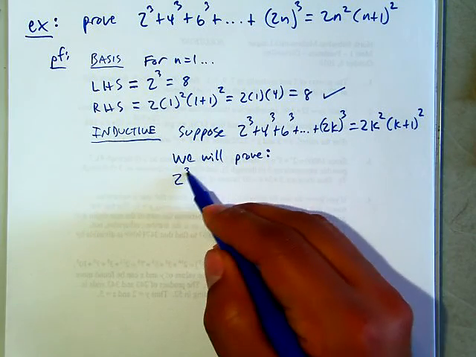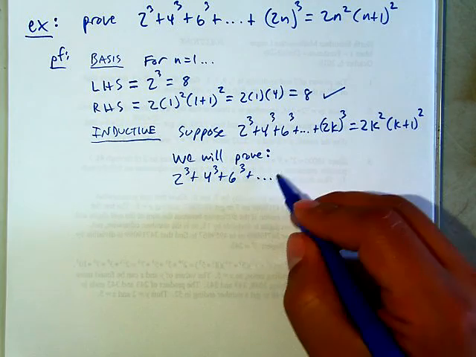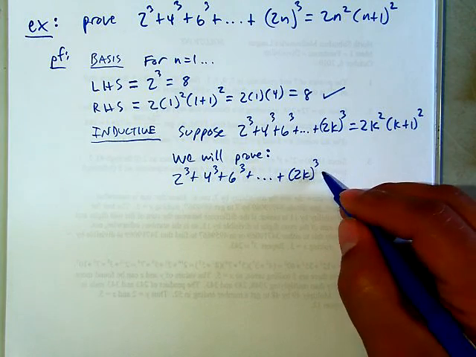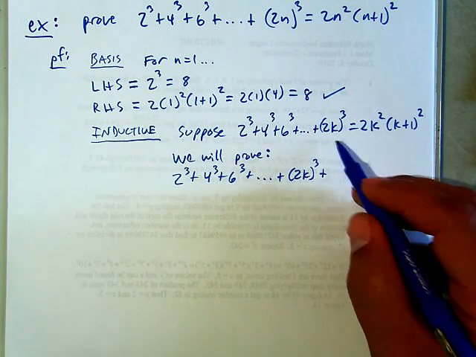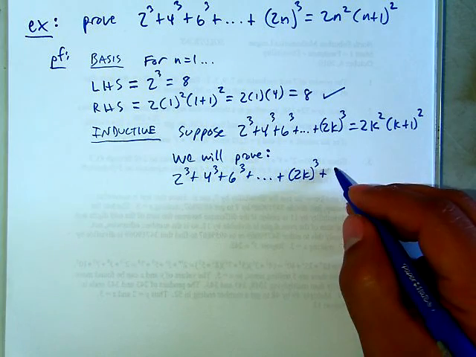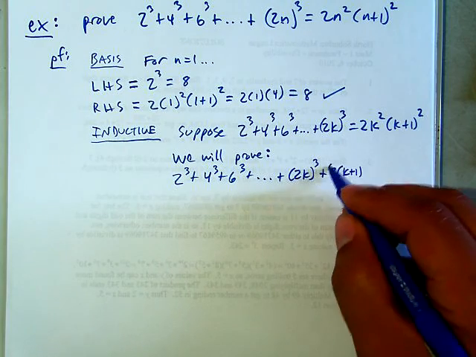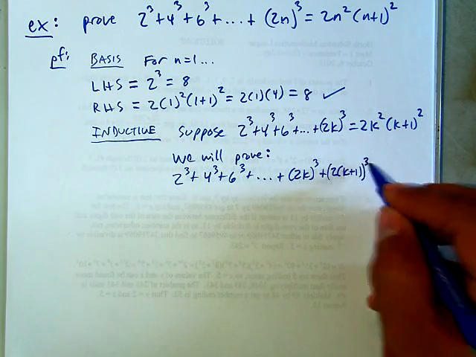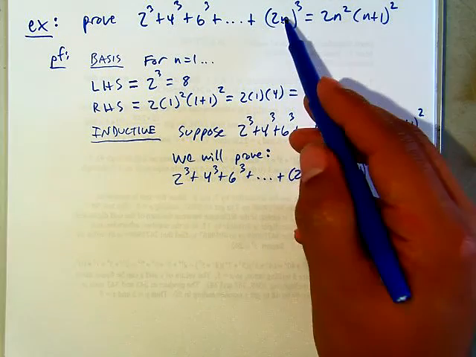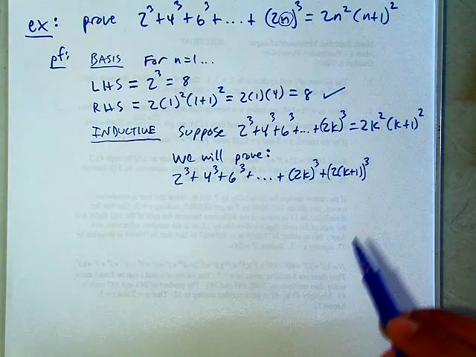So we will prove that 2 cubed plus 4 cubed plus 6 cubed, still got to include 2k cubed, but now we're going to go ahead and add in, if I were to replace n with k plus 1, that becomes 2 times k plus 1, but all of that gets cubed. So all I've done is replace the n with k plus 1. Okay?